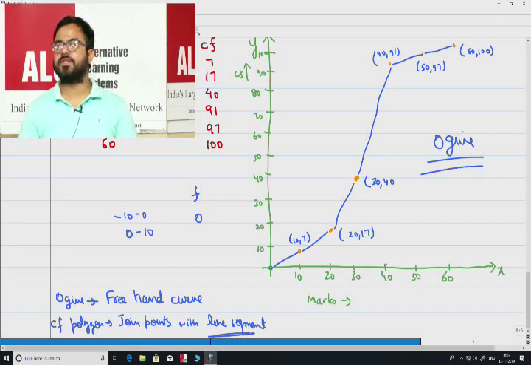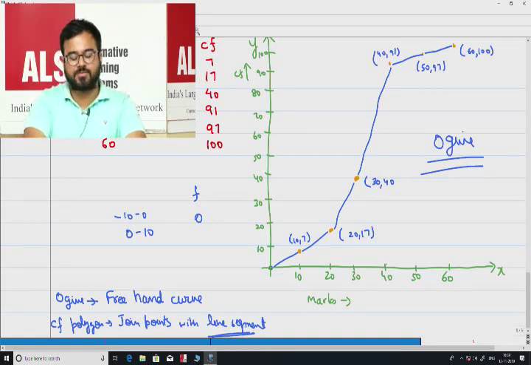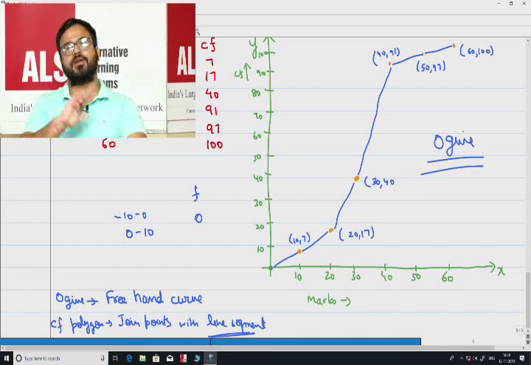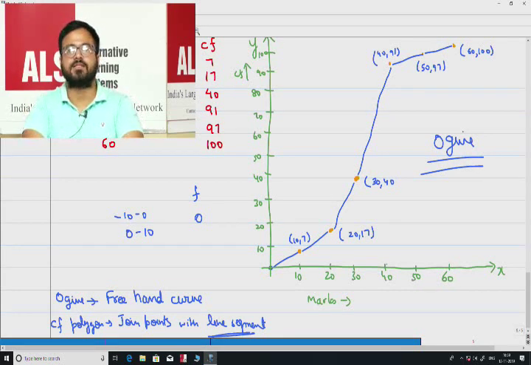That is the difference between these two. In the ogive you have to draw the freehand curve. In the cumulative frequency polygon you have to join the points with the line segment. Both are the same, one is with the freehand and one is with the line segment. That's it.